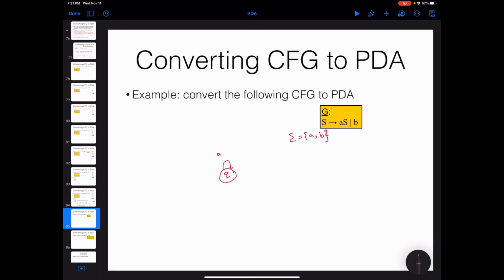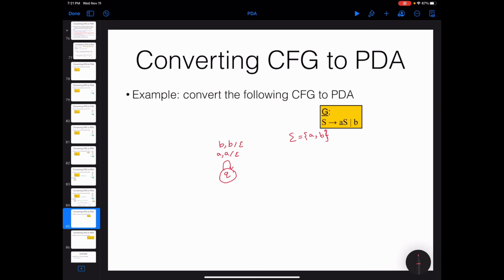So if the input token is A, and the top of the stack is A, just pop it. Or if the next input token is B, and the top of the stack is B, just pop it. And we only have one variable, but we have two rules for that.